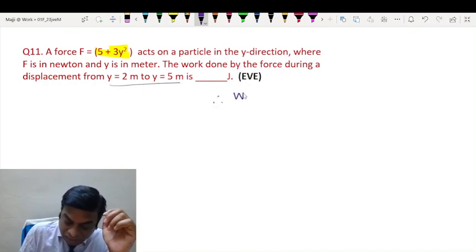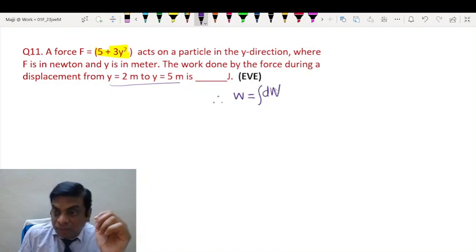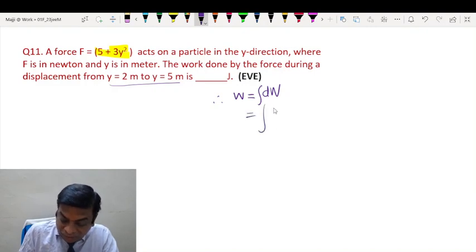So simply we can write work done is equal to the summation of elementary work done during elementary displacement. So elementary work done will be the dot product of this force and dy, where y varies from 2 to 5. So this will be 5 plus 3y square into dy.